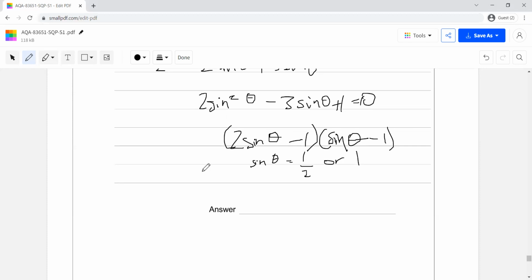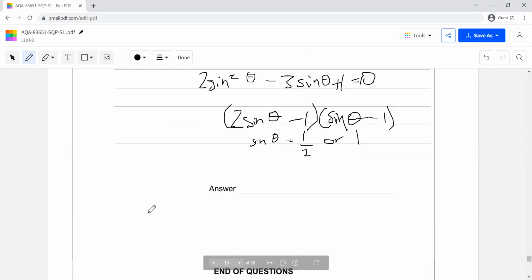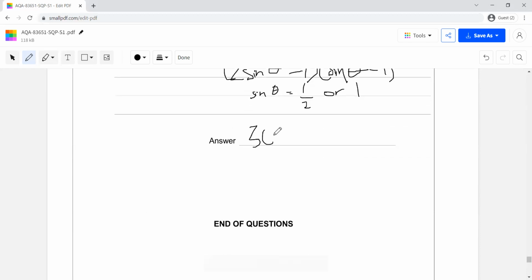Well, we know sine theta is a half when theta is exactly 30 degrees. Okay, so 30 degrees. It's also going to be when theta is exactly 90 degrees, since sine of 90 is 1, and also 150 degrees.